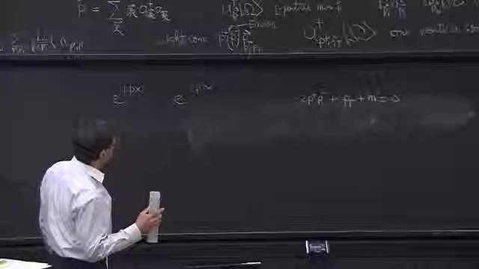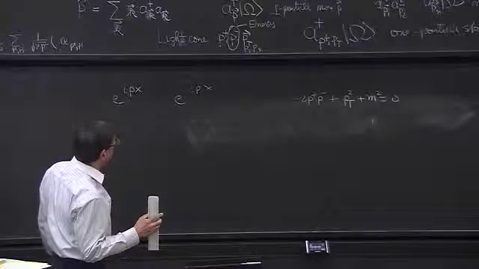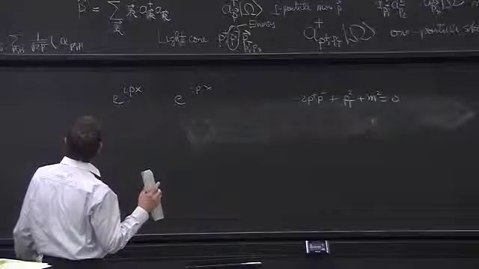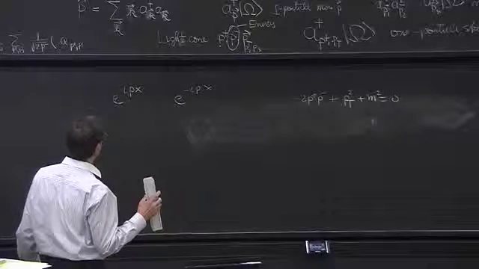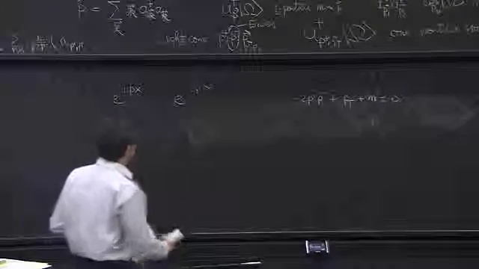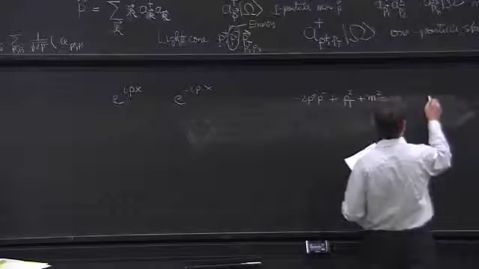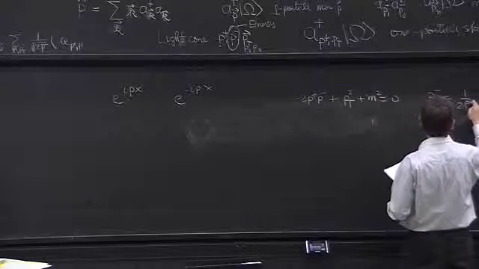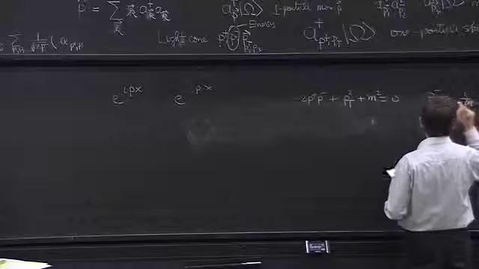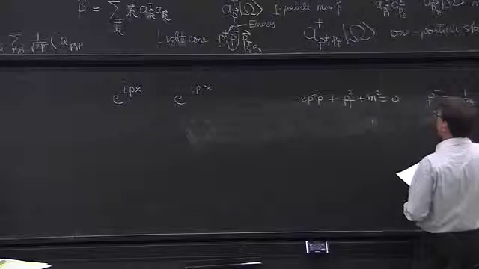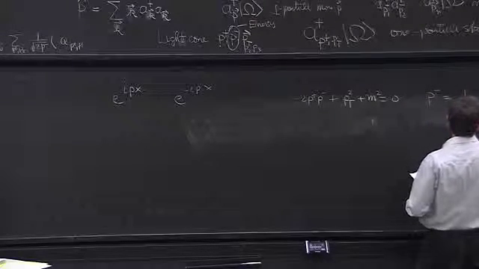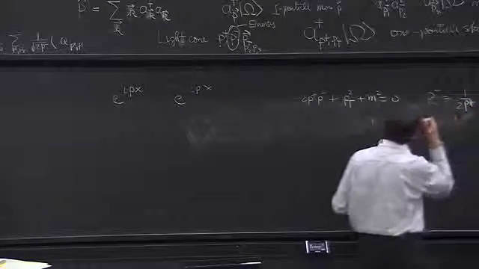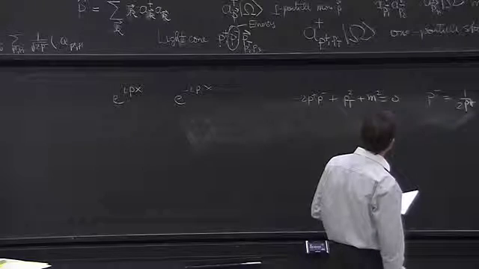So one second. That's a good question. You're probably right here. Very good question. So P minus is 1 over 2 P plus, times P transverse squared plus M squared. So this P minus in here can have either sign.